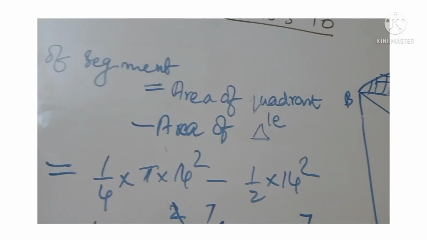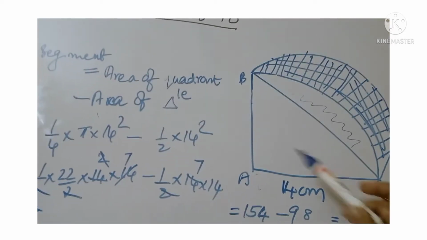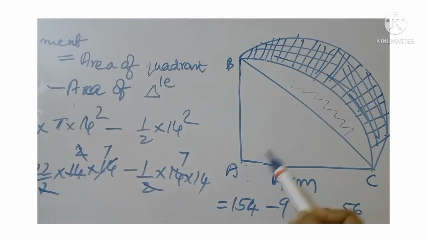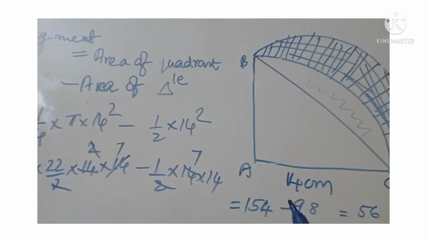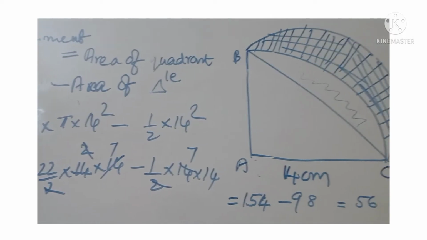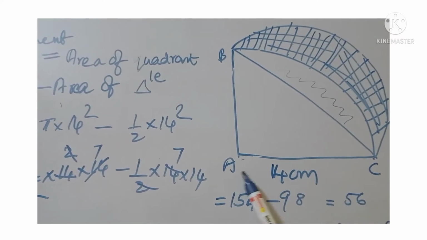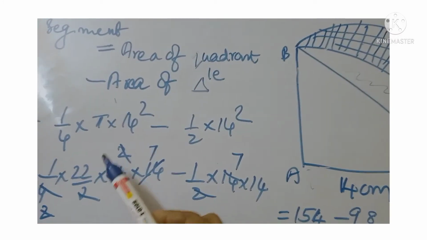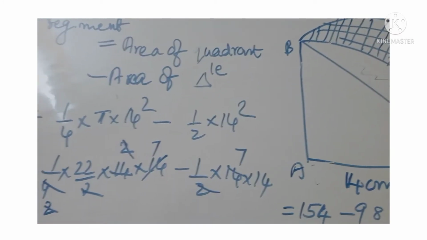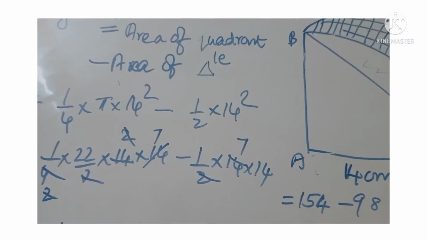So let us move into the solution. Here, area of the segment is area of the quadrant minus area of the triangle. So what is the area of the quadrant? 1 by 4 pi r square. R is 14. So 1 by 4 into pi into 14 square. Here we can substitute pi as 22 by 7 into 14 into 14.